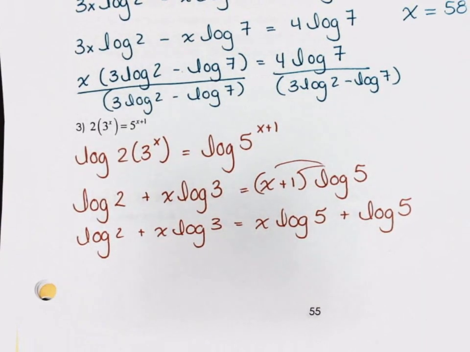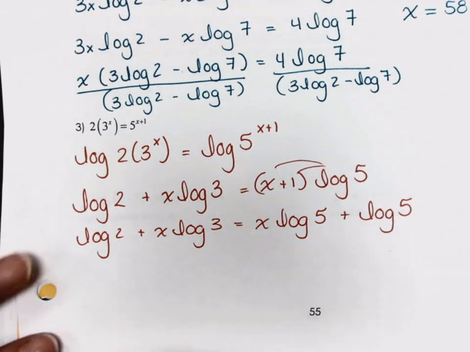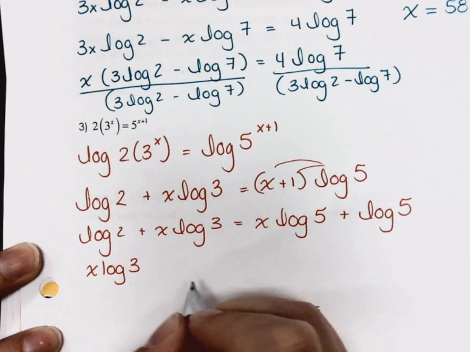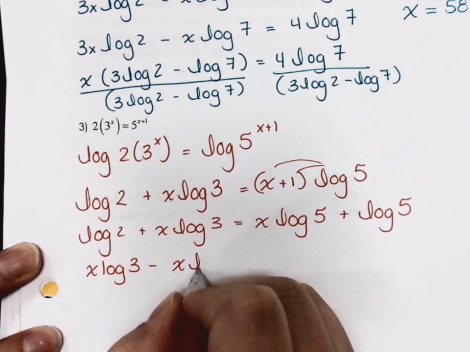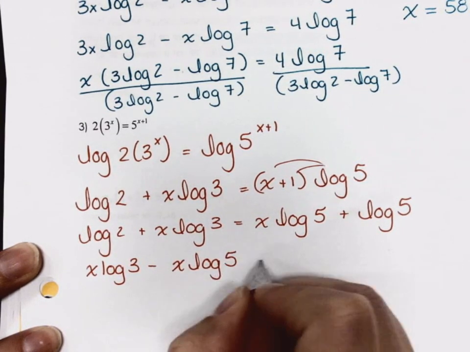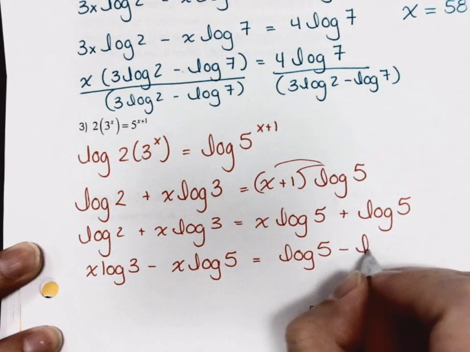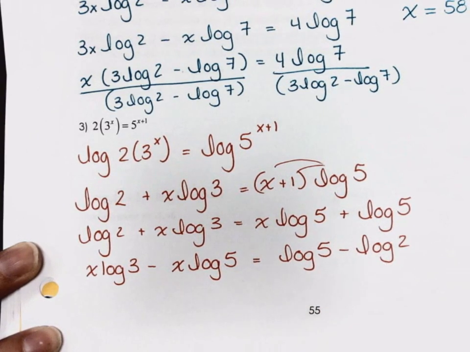Okay, what's my next step? All the logs with variables I like to do it to the left-hand side, doesn't really matter. They just have to all be on one side, and then just the logs with numbers on them go to the other side. So I'm going to have x log 3 minus x log 5 equals log 5 minus log 2.